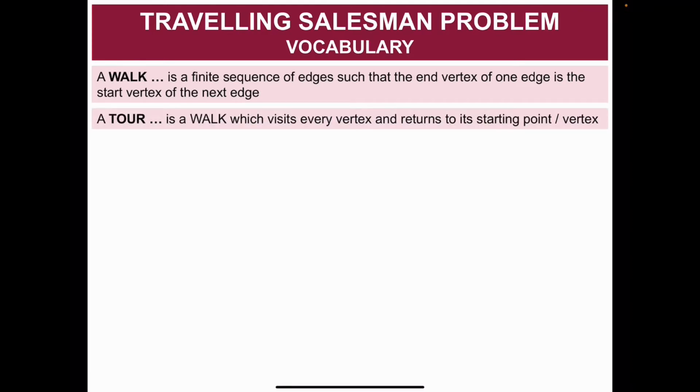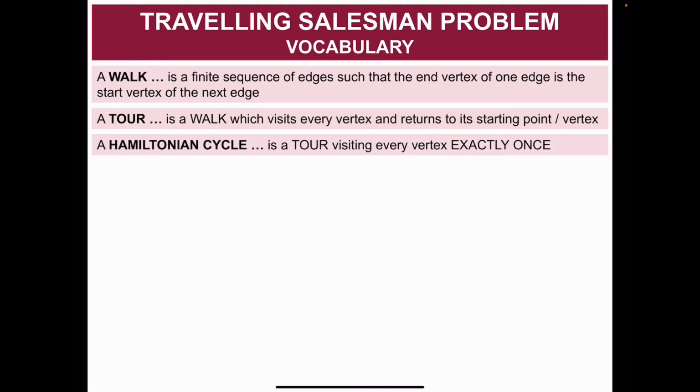If you make this walk in a special way, so that it is a walk which visits every vertex and returns to its starting vertex, then this kind of walk is called a tour, and that's what we wanted. And if I make this tour special, so that it visits every vertex exactly once, I call this tour a Hamiltonian cycle.